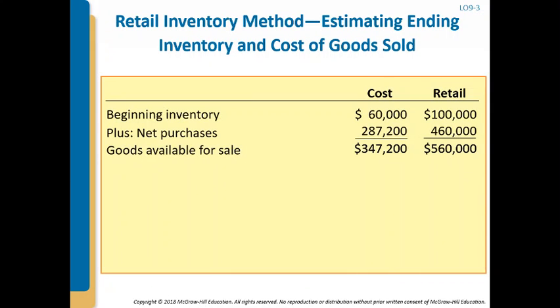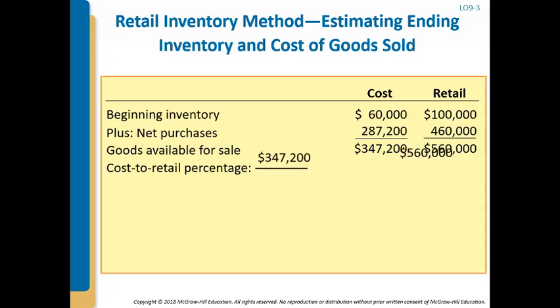So here we have an example of a company. They figured out beginning inventory at cost and retail. They've added their net purchases at cost and retail and come up with goods available for sale at both.